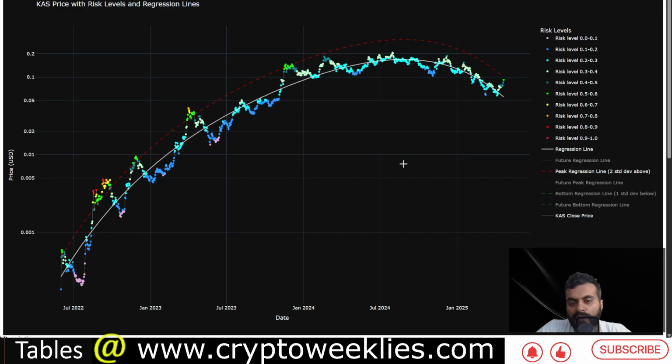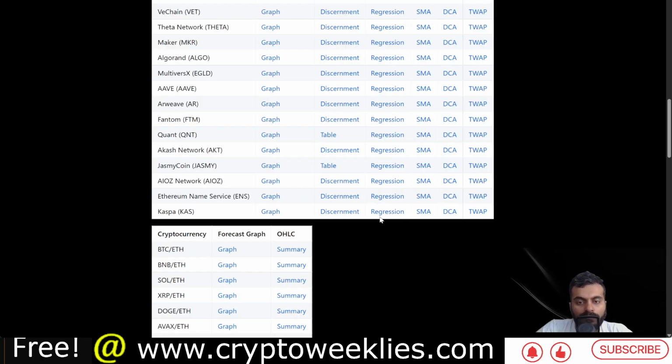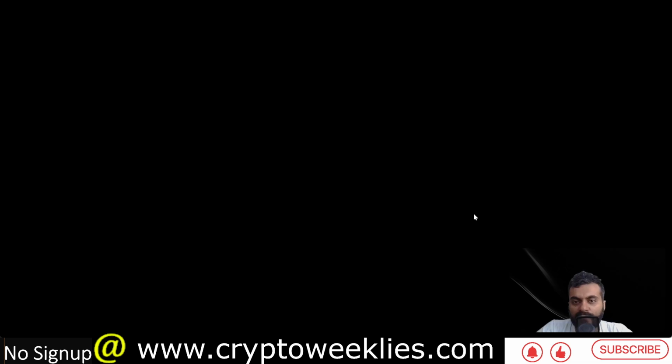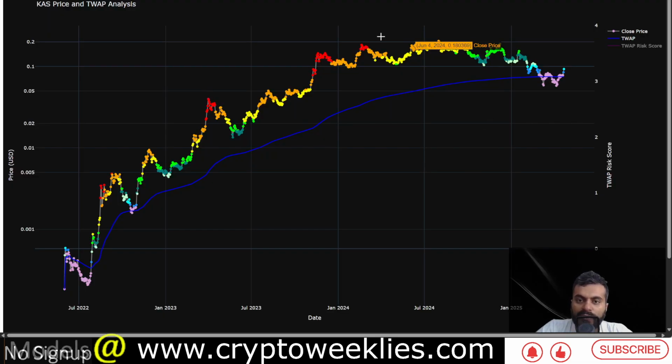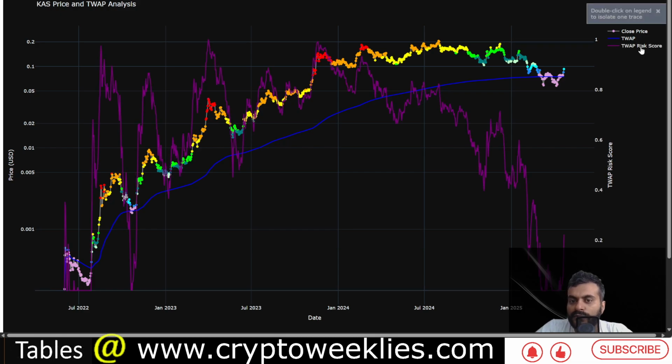So we are at a critical juncture for this technical analysis and the regression based analysis of Kaspa's price action. If there is a breakout, then the next key levels to watch per the time weighted average price based model is whenever the risks are somewhere between the green and yellow risk band, ideally between this 40% and 60% risk.